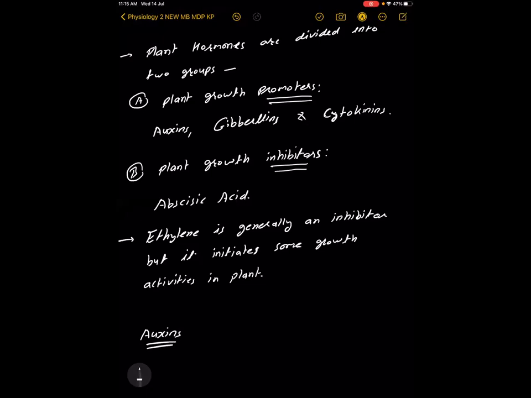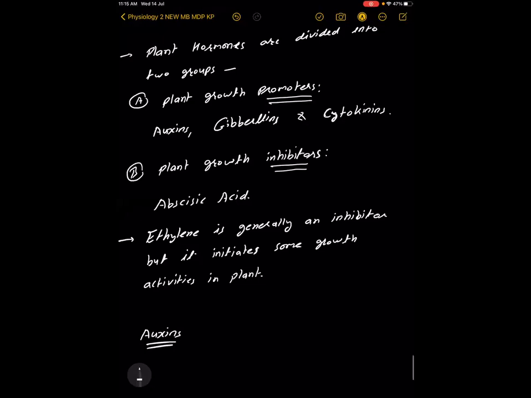They reported that the tip of the coleoptile shows movement towards the light source.